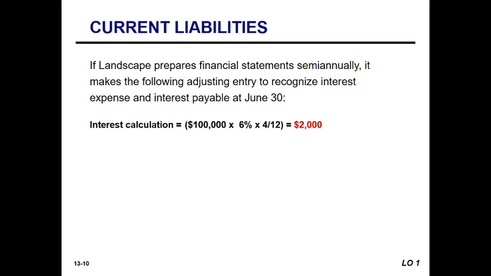So the interest that has accrued is $2,000. So we'll recognize our interest expense in accordance with the matching principle. And we'll recognize that we have $2,000 in interest payable that we'll be paying out with the maturity of this loan.